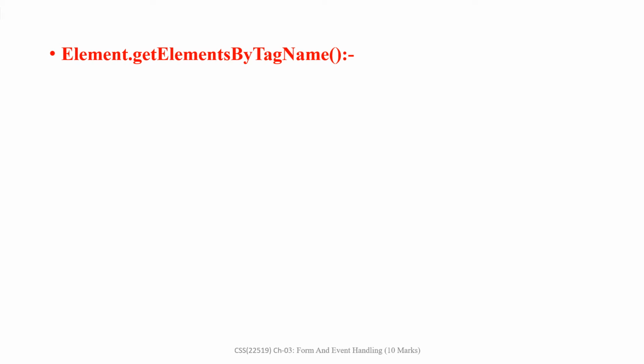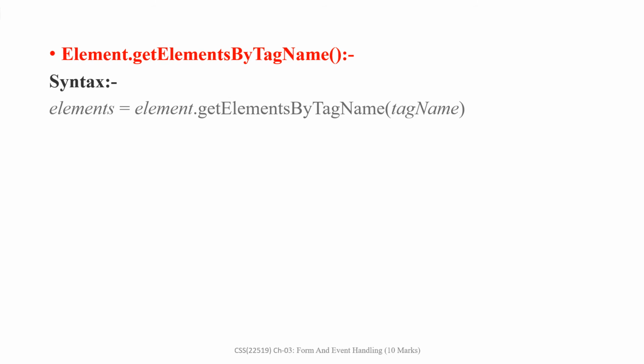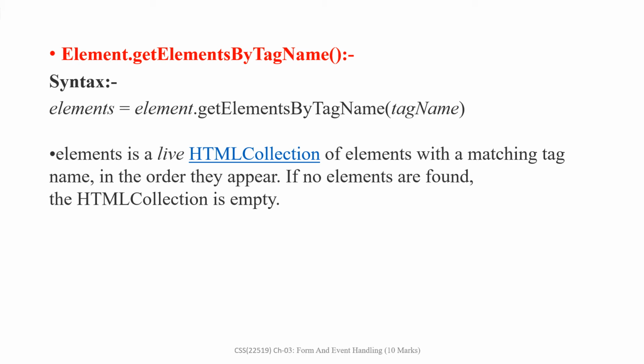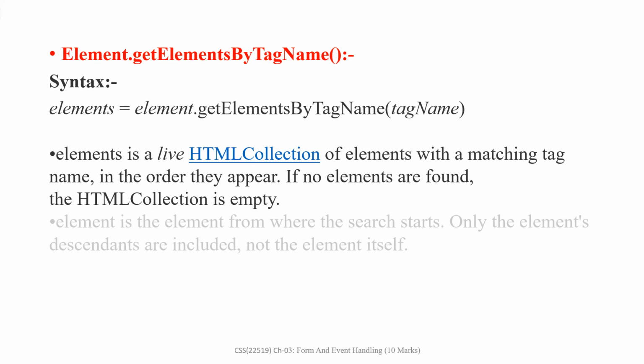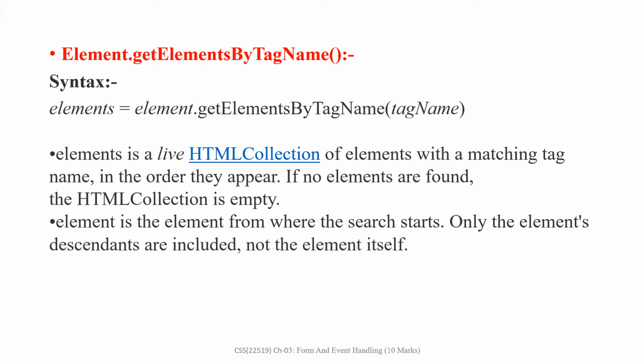Next is element.getElementsByTagName. The syntax is elements equals element.getElementsByTagName, and in the brackets the actual tag name. Elements is a collection of elements with a matching tag name. If no elements are found, then the HTML collection is empty. Element is the element from where the search starts, and tag name is the qualified name to look for.